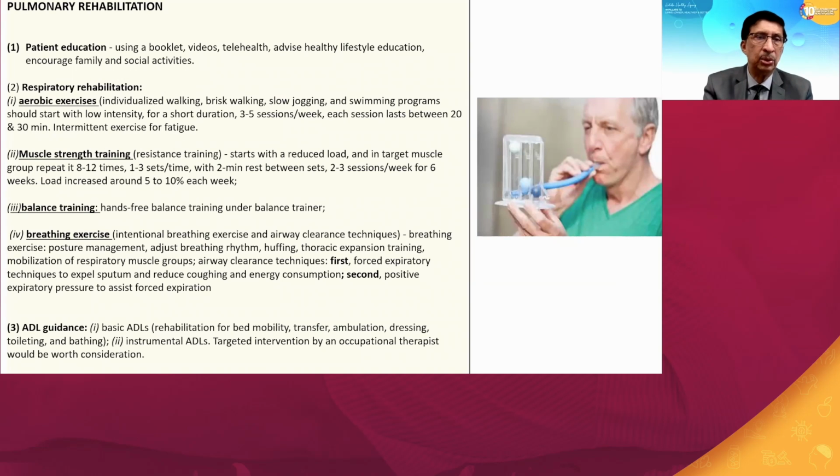And as I've already told you, education. Now in rehab, you can divide it into aerobic exercises, which may be just walking, maybe slow jogging, maybe swimming in some people, just a couple of sessions a week, maybe 30 minutes, and look at the fatigue setting in and stop.